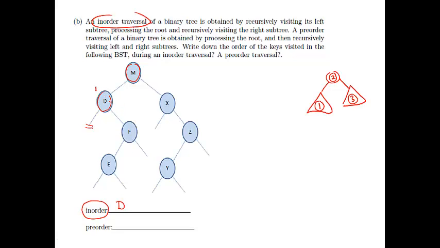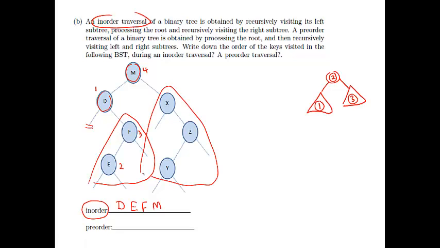And then once you print the root, you go to the right tree. In the right tree, you have to go to the left. And so the next one would be E. So this is number 2. And then you go to the root, that's F. And once it's done, so you did the left here, now you do the root, so that would be M. So then you take this tree, and then you do the same order.